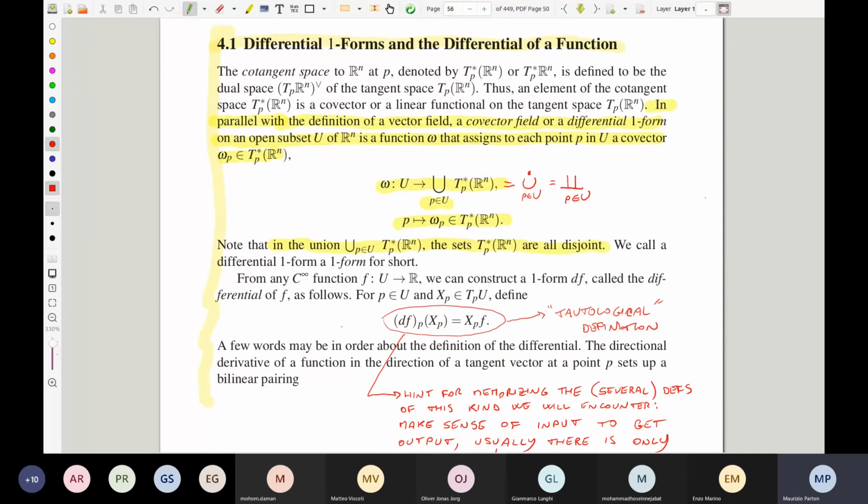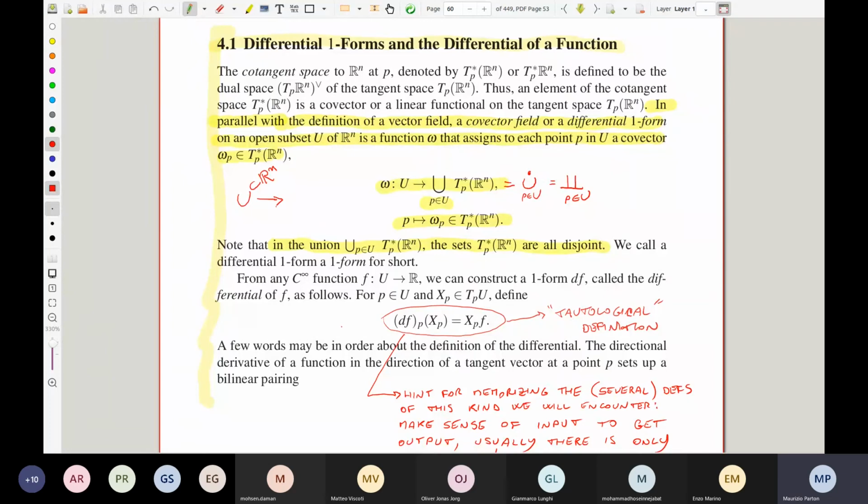Now, remember what was a vector field? A vector field was given an open set U in Rn. For every point of this open set, you have a tangent vector.